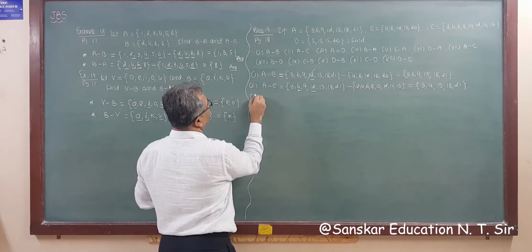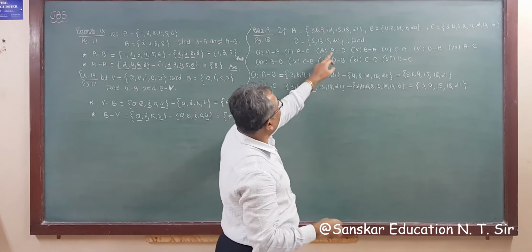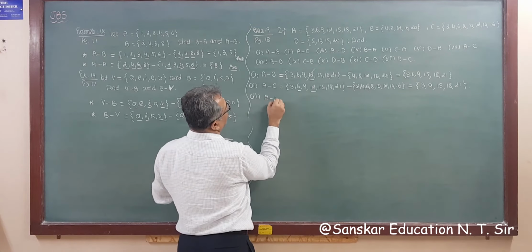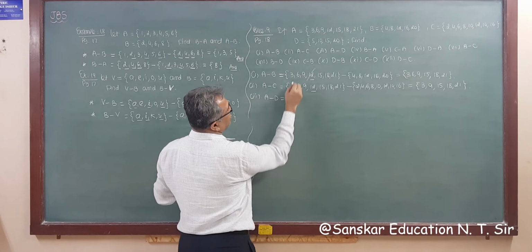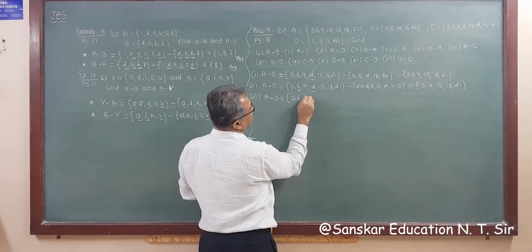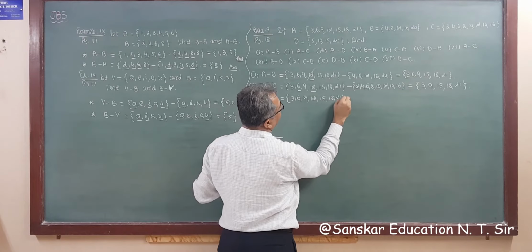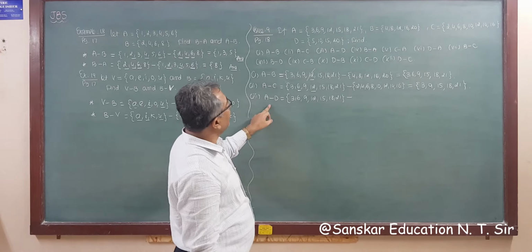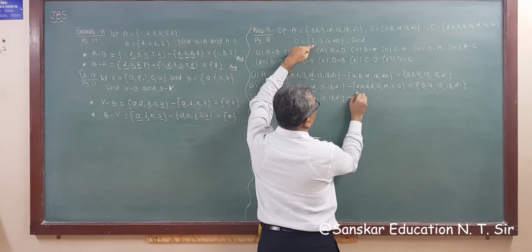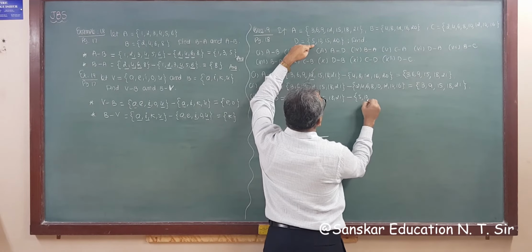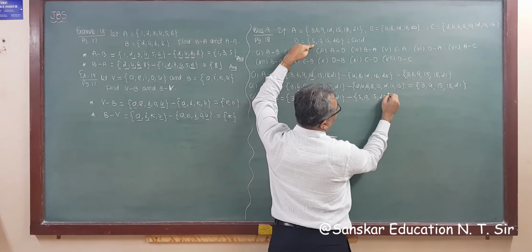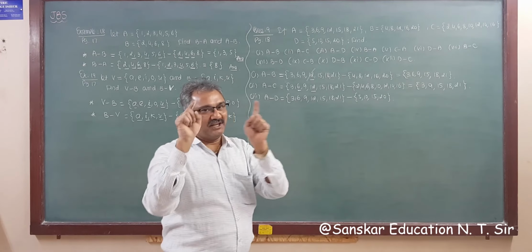Then the third one is A minus D. A is the same set, 3, 6, 9, 12, 15, 18, 21, minus D. Set D is 5, 10, 15, 20. I am repeating the definition each time.